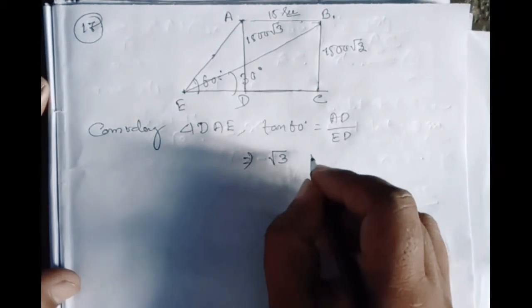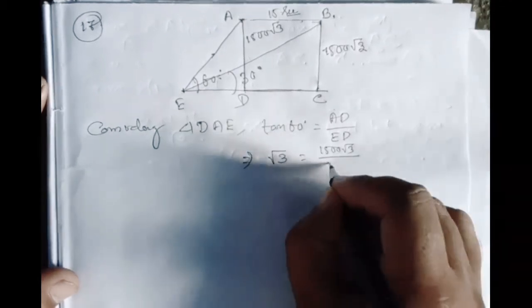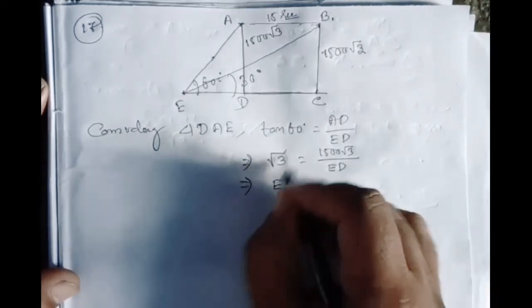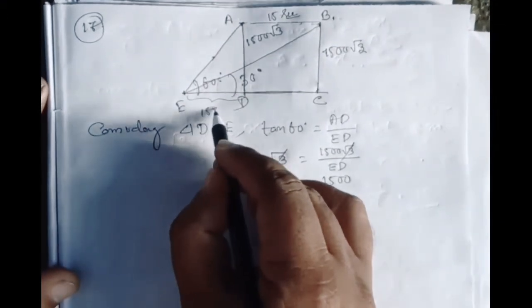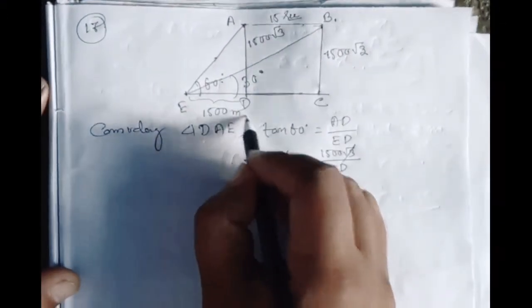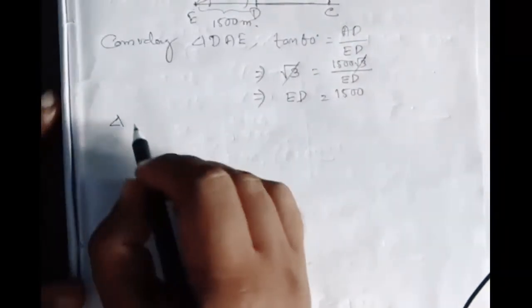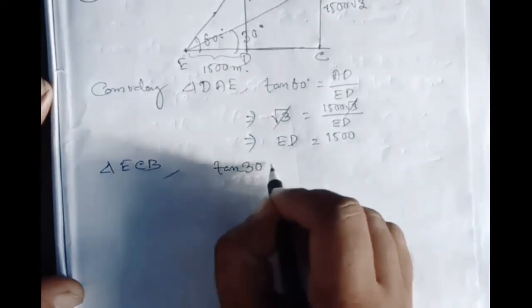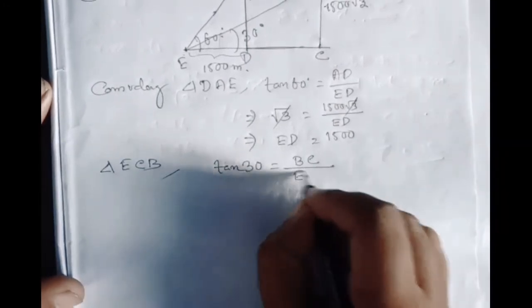The value of AD is 1500 root 3, so ED is equal to 1500 meter. Now considering triangle ECB, tan 30 is equal to BC by EC.